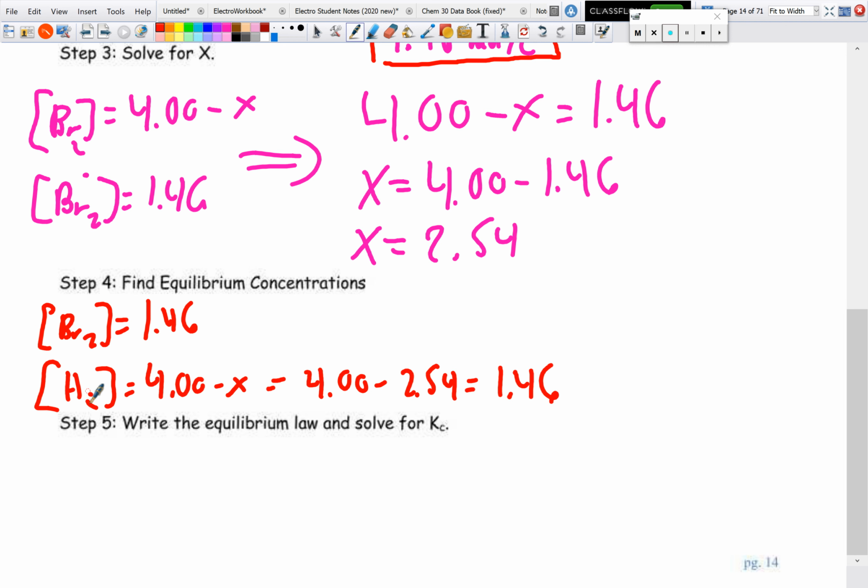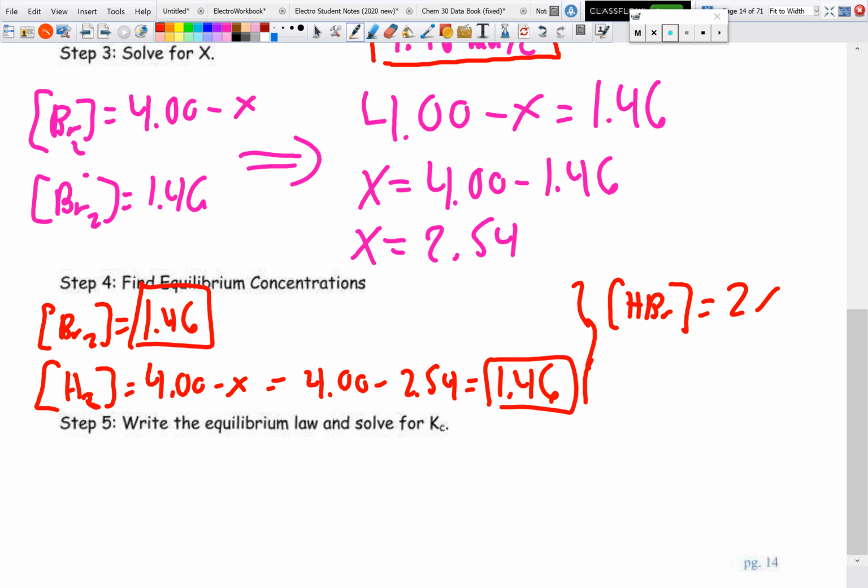So we have hydrogen and bromine. And of course, the concentration of HBr is equal to 2x. And that is equal to 2 times our x value. So just be very careful when you're dealing with these here. 2 times 2.54, and we get a value of 5.08.